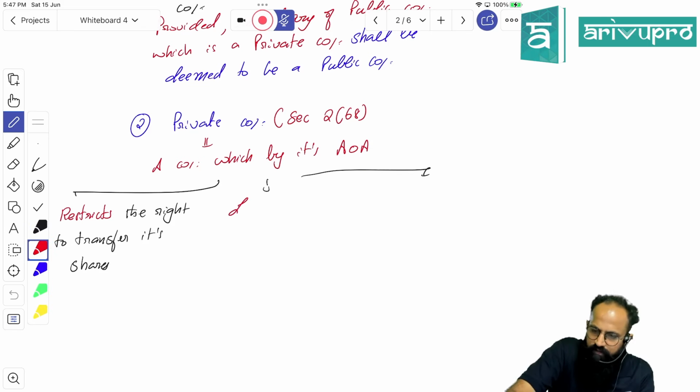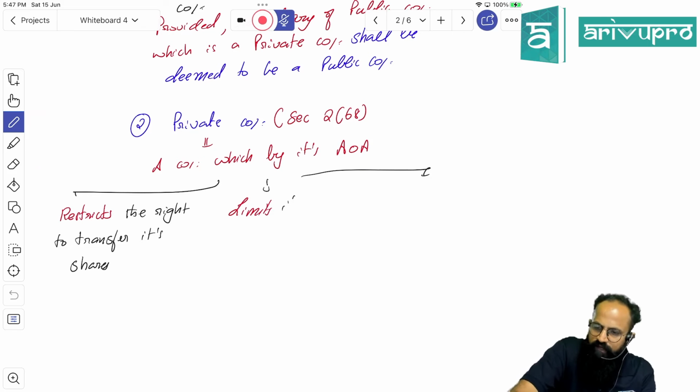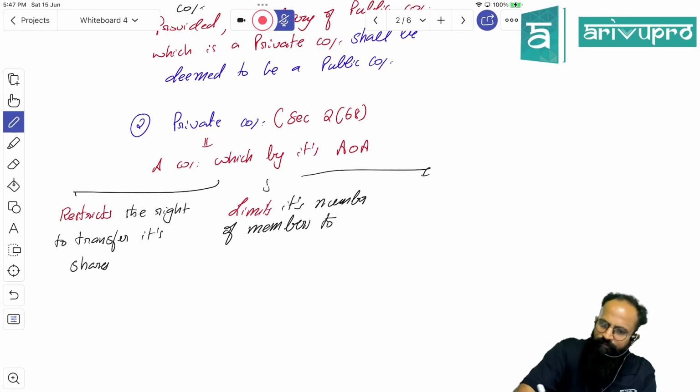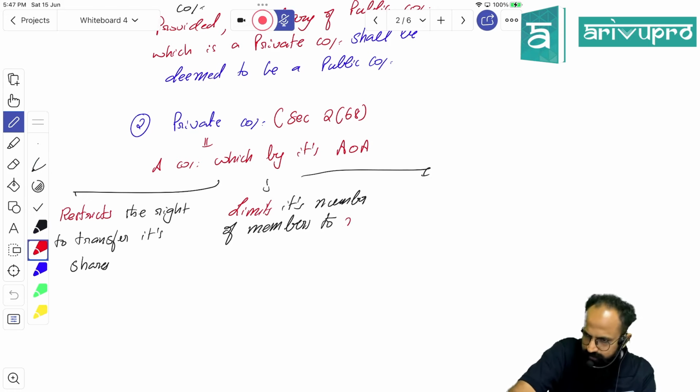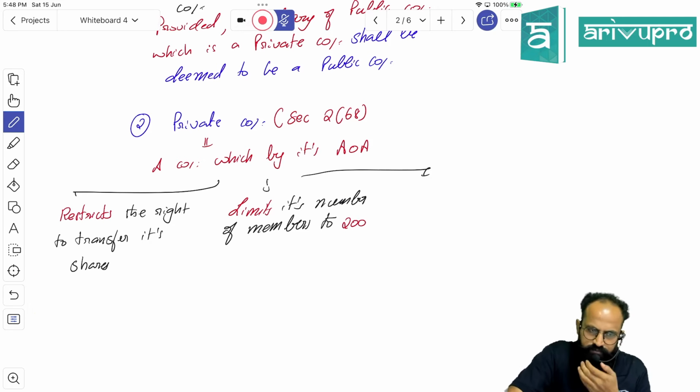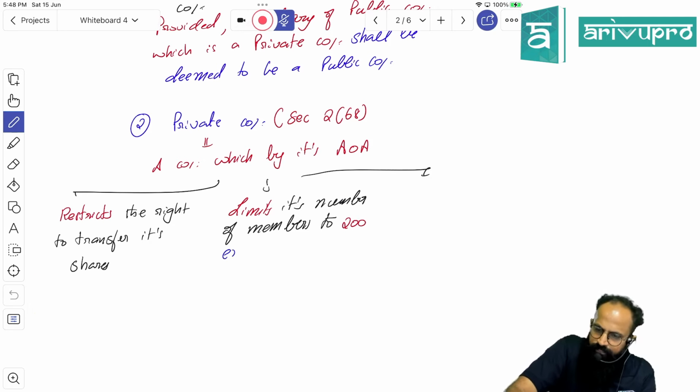Next one, limits its number of members to 200, except in the case of OPC.